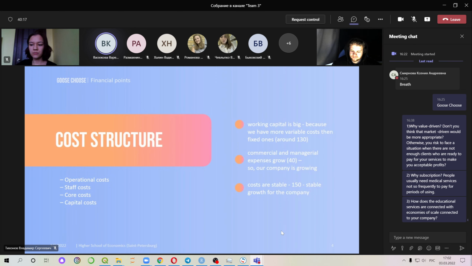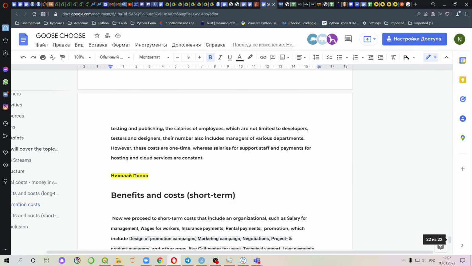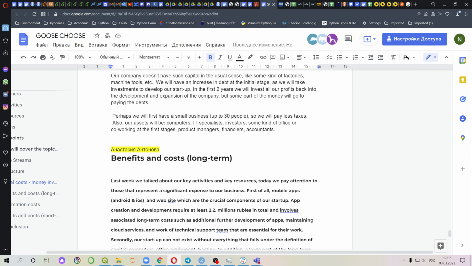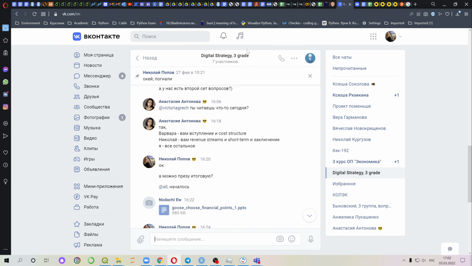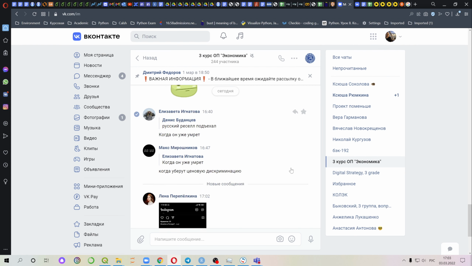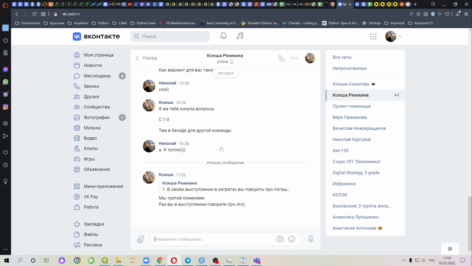It is the price of running IT services on a regular basis, such as negotiations, advertisement, etc. The next one is staff cost. It is all costs associated with hiring, training, and retaining employees. In our case, they will be app developers, product and project managers, etc.